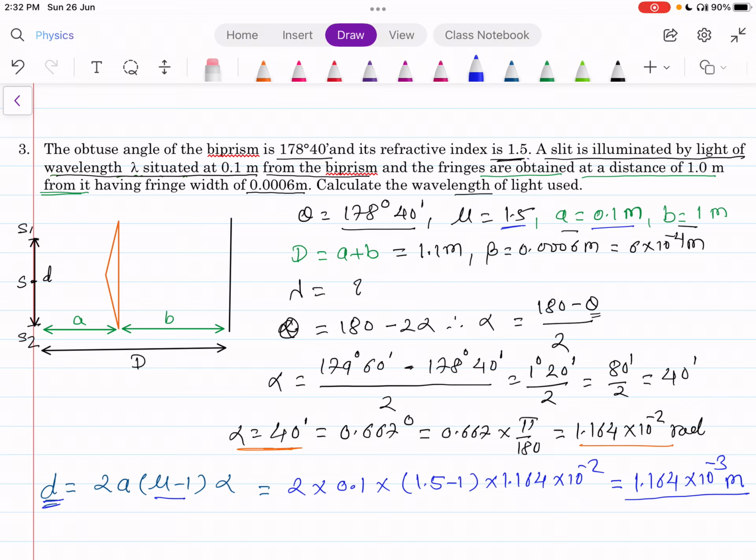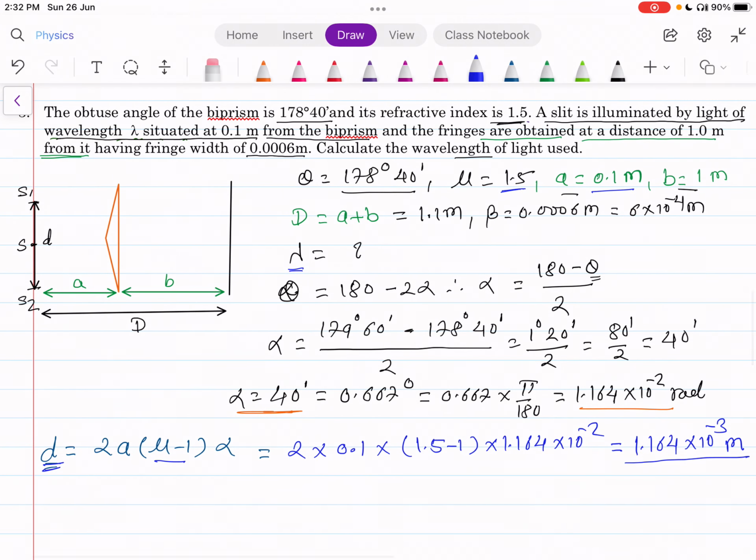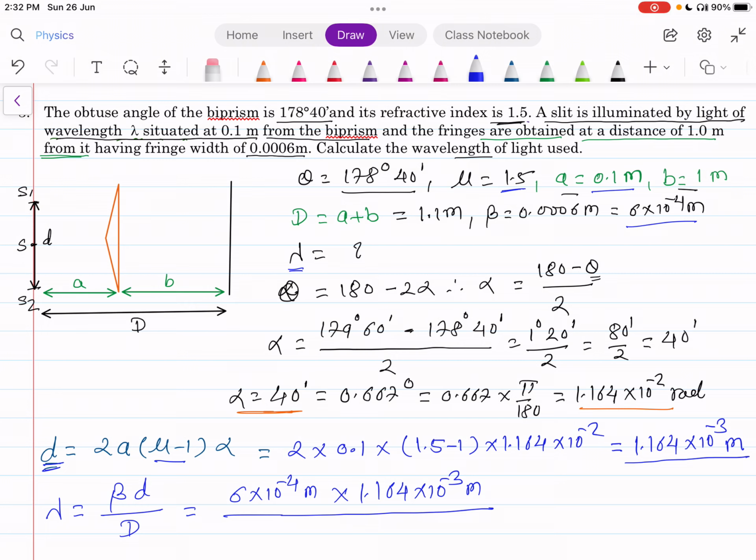What I have to find is actually lambda. So lambda is equal to beta into small d upon capital D. Beta is 6 into 10 raised to minus 4 meter, into d, which is 1.164 into 10 raised to minus 3 meter, divided by capital D, which is 1.1 meter.